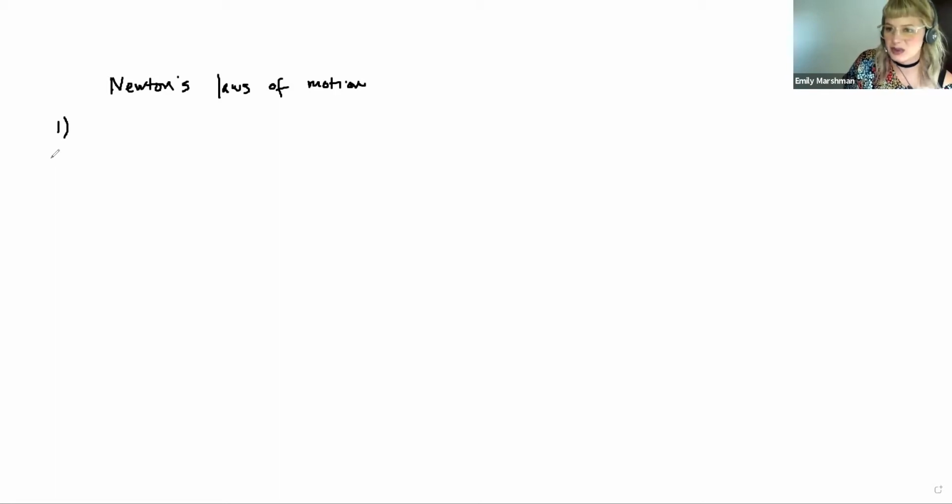You may have heard this one before. An object in motion stays in motion and an object at rest stays at rest. It's another way to say Newton's first law.